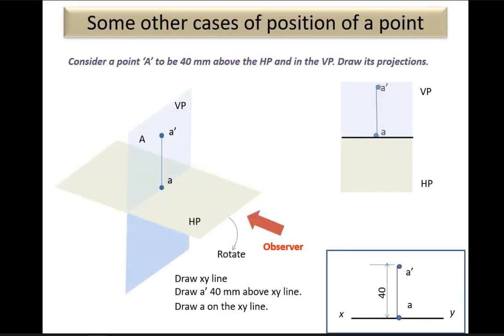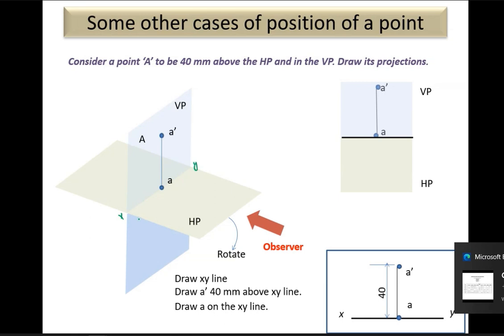So let's talk about one more case over here. Let us consider a point which is 40 mm above HP and in the VP. Can you draw its projection? We will not get anything in the top view, so the top view will lie over the XY line only, right?